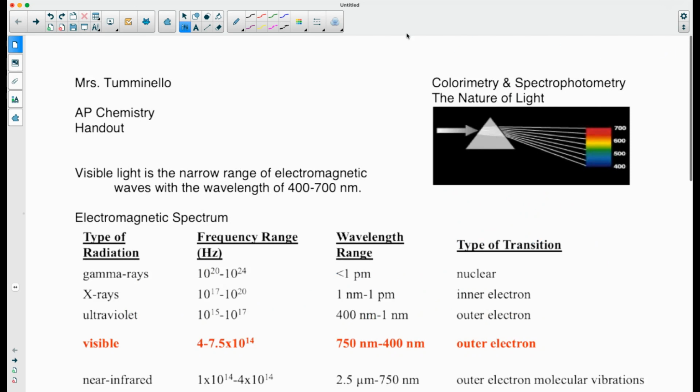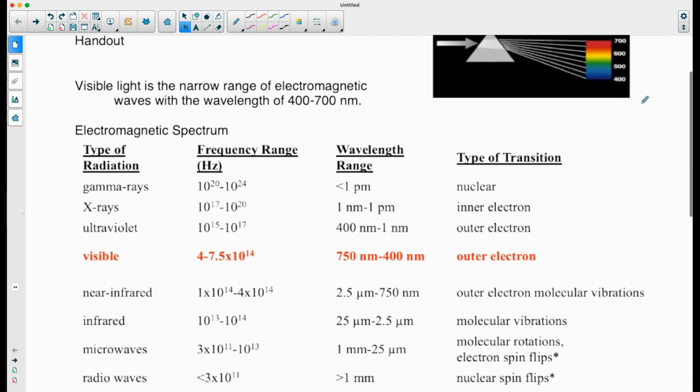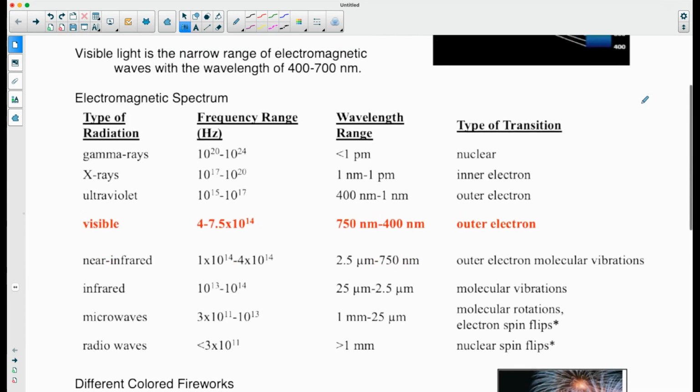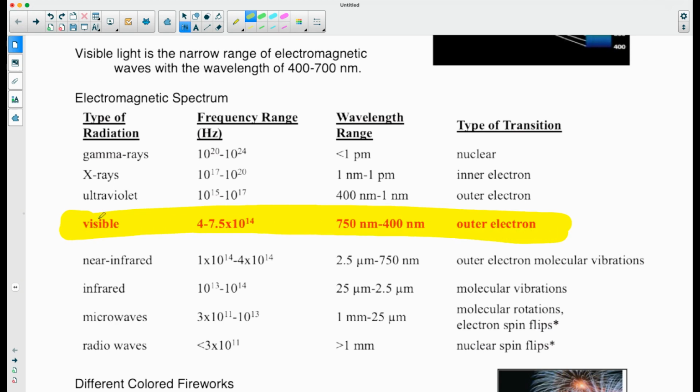So when we're talking about colorimetry and spectrophotometry, before we do that, we really should talk about the nature of light. Light is something that we have on the electromagnetic spectrum, and what we call visible light is what is visible to us, but it's actually a very narrow range. The visible part of the electromagnetic spectrum is only from about 400 to 700 nanometers or so.